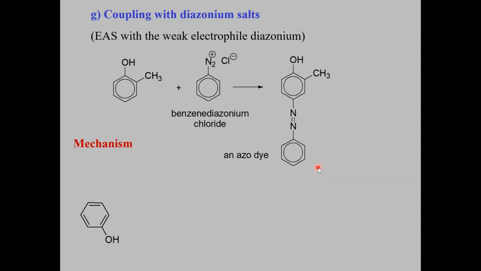If I take a phenol, the lone pair of electrons on the oxygen is donated to the benzene ring system, which forms the double bond, and this carbon has to maintain its tetravalency. Pi electrons move on to the next position. Once these electrons move over here, the carbon becomes electron rich and a carbocation is generated. This reacts with benzene diazonium chloride. This is the positive center.